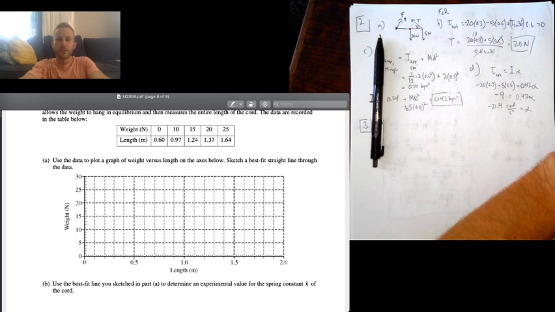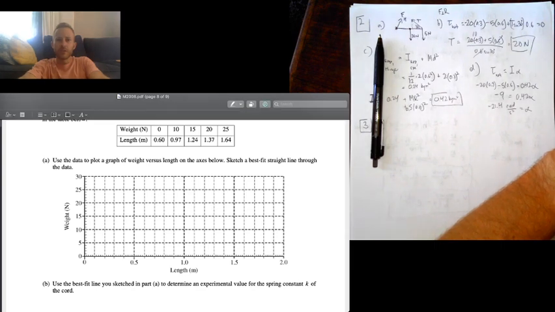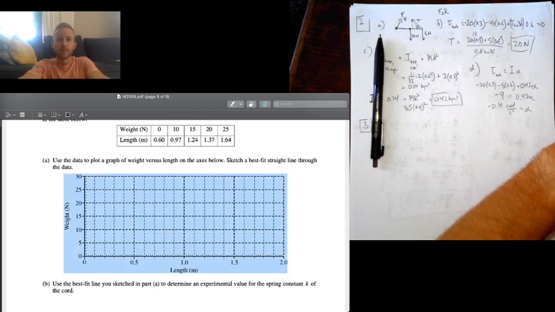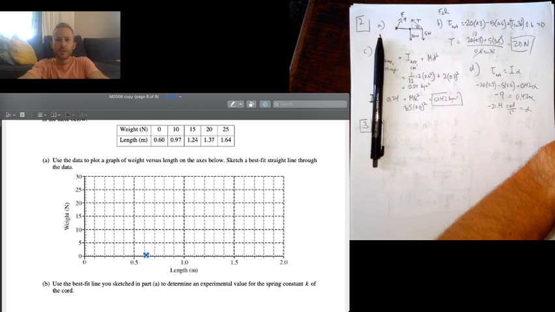So I'm going to annotate this. If the weight is 0, the length is 0.6. If the weight is 10, it's 0.97. If it's 15, it's 1.24.